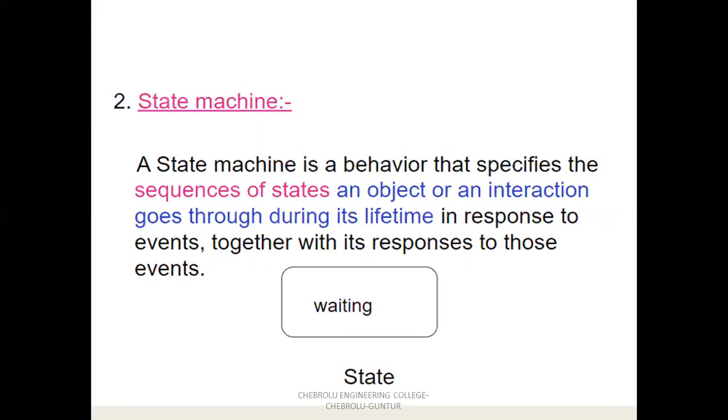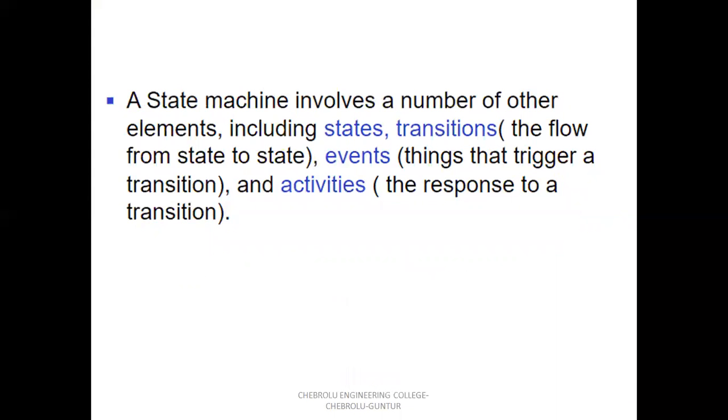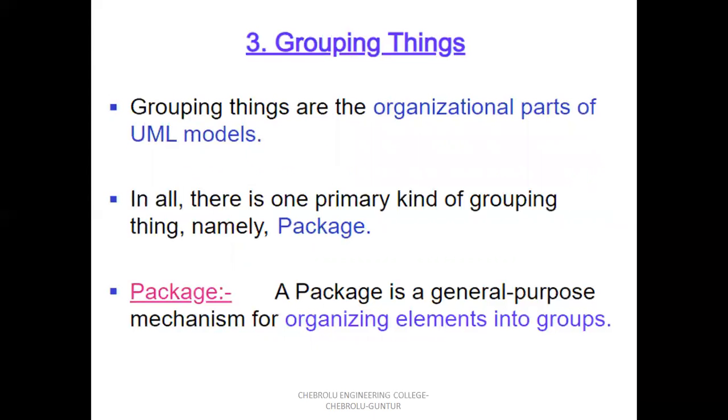A state machine involves a number of other elements, including state transitions, the flow from one state to other states, events, which are the trigger of the transition, and activities, the response to the transition.